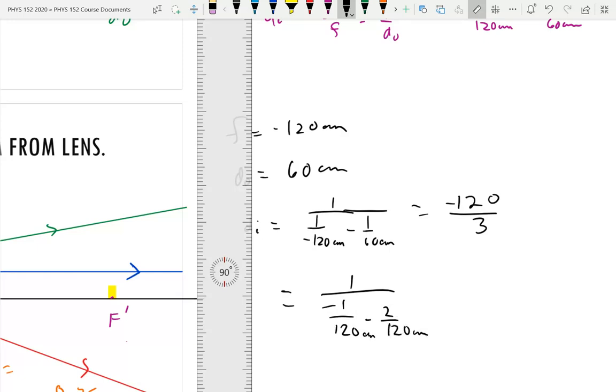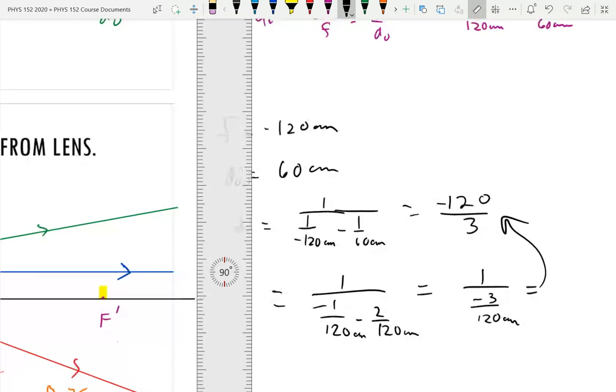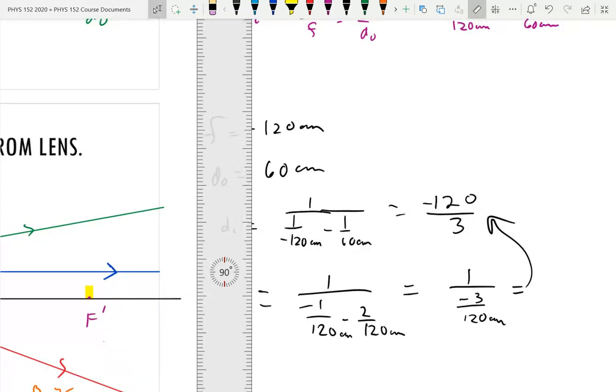Here's the intermediate math. I multiplied the 1 over 60 by 2 over 2. And so that's equal to 1 over minus 1 minus 2 is minus 3. Using the invert and multiply rule gives me that. And so 120 divided by 3 is 40, right? Minus 40 centimeters.